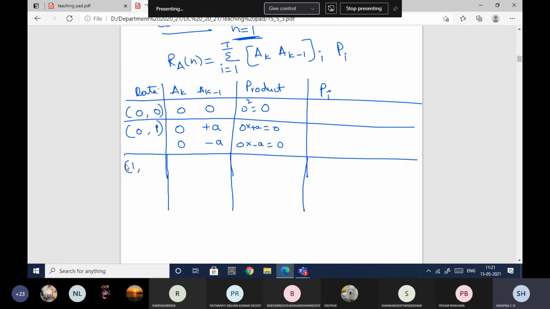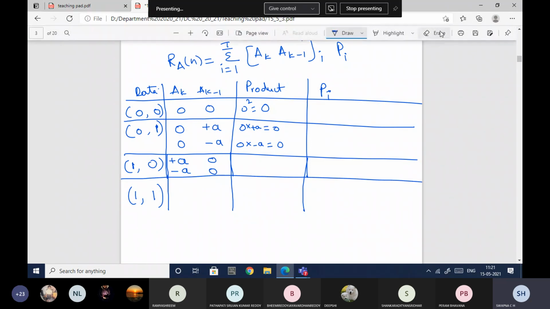I may have a 1, or if I have a 1 I may have a 0, or again if I have a 1, my next event can be a 1 again. Okay, so here if you observe, a 1 can be either a positive a and this 0 will be 0. Okay, and 1 can be either negative a, or it can be a 0, and this one will be 0. Okay, anybody has doubt here?